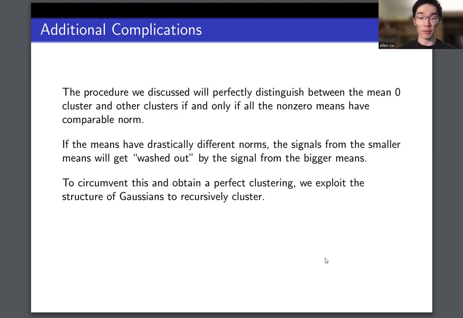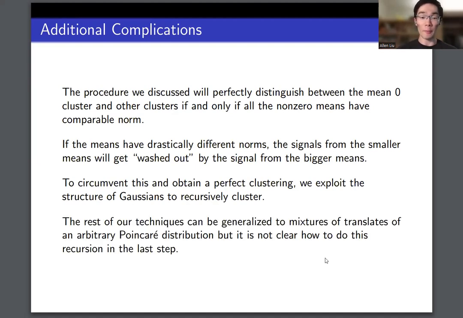There are large means and very small means, because once you add a little bit of noise, the large means will wash out the signal from the smaller means. So you actually have to do an iterative procedure where you recursively cluster, clustering the very separated components first, and then clustering smaller separations later. This is why our techniques need an additional assumption when you try to generalize to arbitrary Poincare distributions, which is simply that we don't know how to do this recursive clustering step at the end, even though all of our other stuff does generalize.